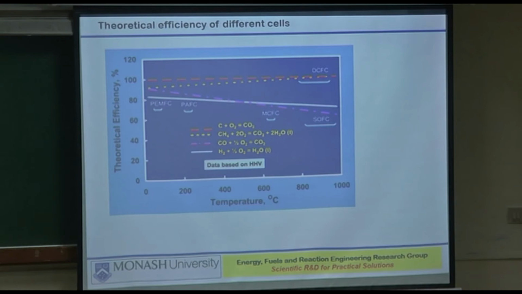But how much each of those types will be dropping, or what will be the starting efficiency of the DCFC, will also depend on what the fuel actually is, whether the fuel is solid carbon, as in here, or is it natural gas, or some other gas, or hydrogen?